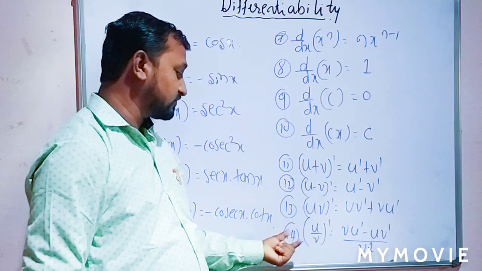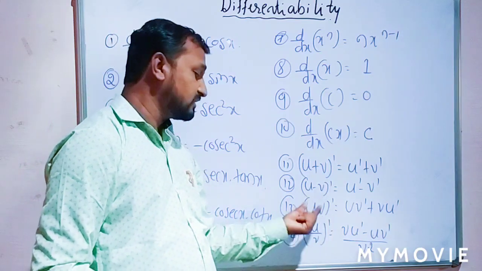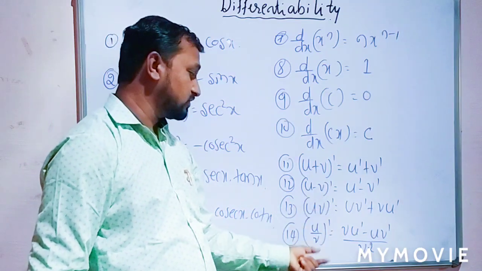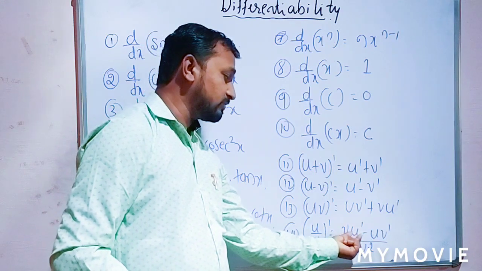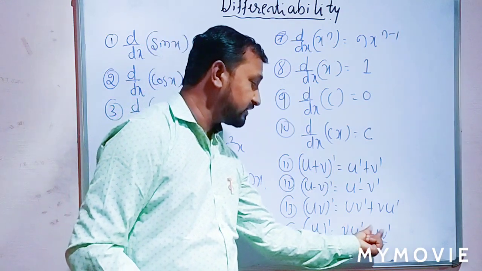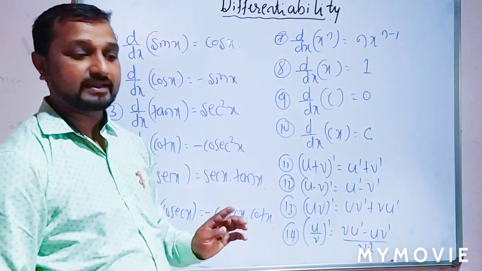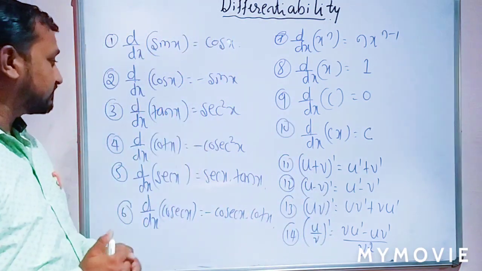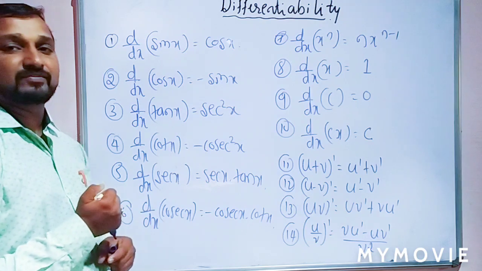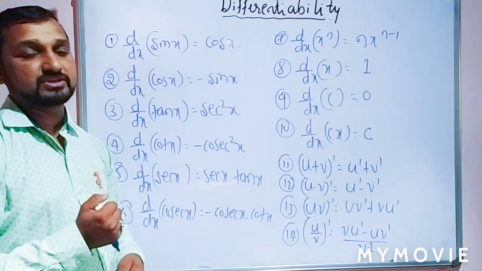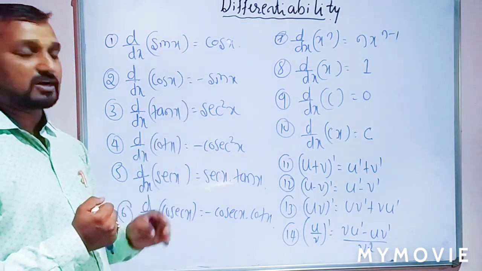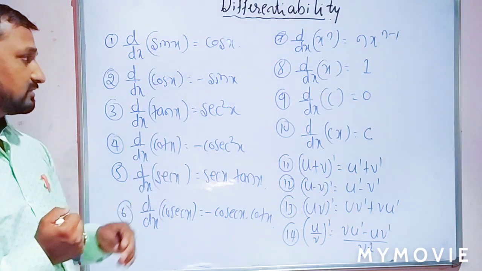Okay, the next, the 14th one, u by v whole dash. This is the quotient rule of derivative. So denominator into derivative of numerator minus numerator into derivative of denominator, whole divided by denominator whole square. Is it clear? These are some basic formulas for differentiation you already studied in first PUC. Okay, remember these points, or else write down these formulas.